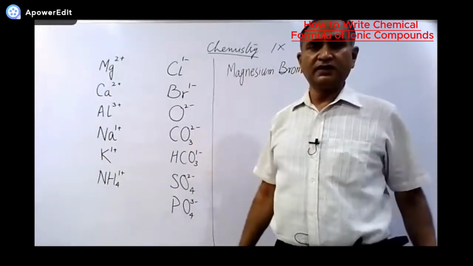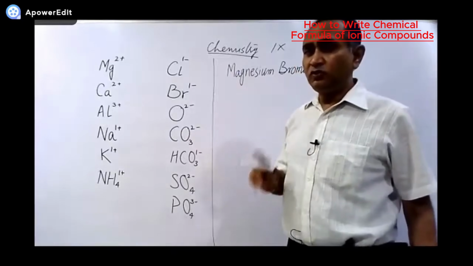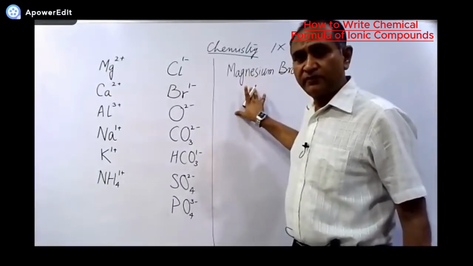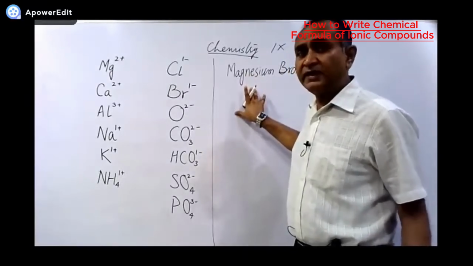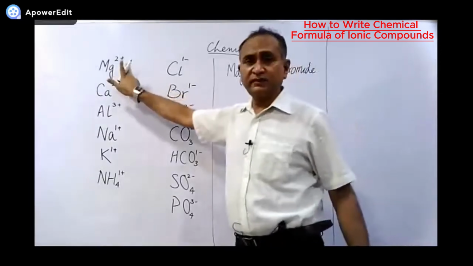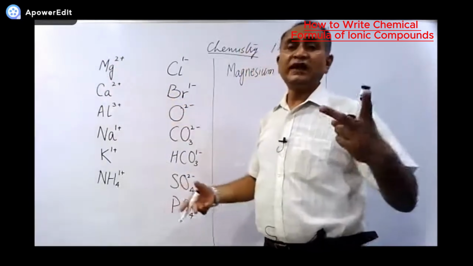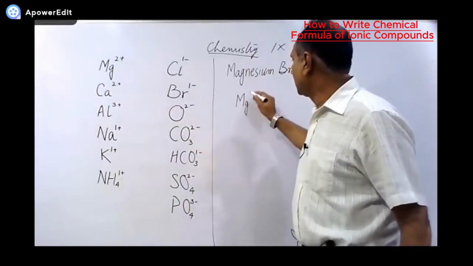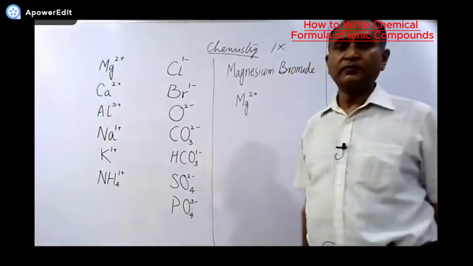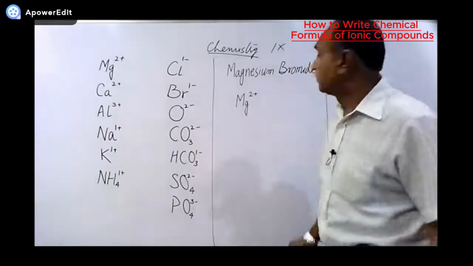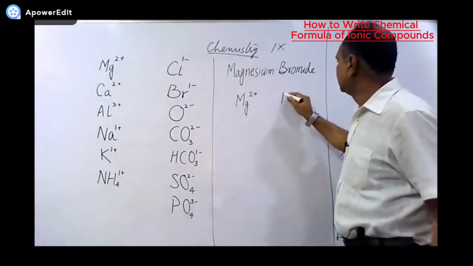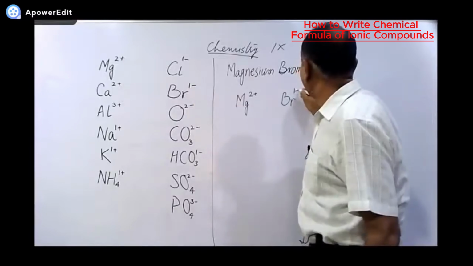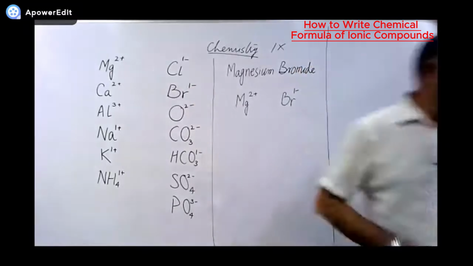How can we write it? First of all, what should you know? The symbol of magnesium with its ionic form. Mg2 plus means magnesium can lose 2 electrons. So that's why I will write here magnesium along with its charge. Okay? Bromide, 1 minus. Then after this, what will you do?